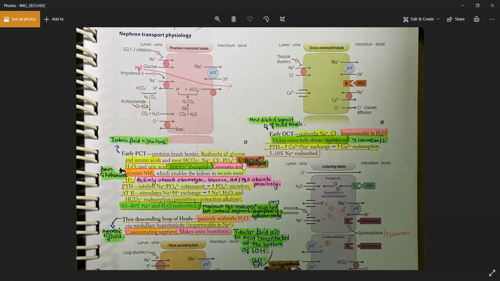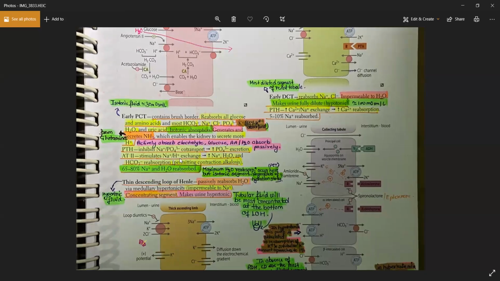Do know this fact also. And it is always an isotonic absorption. That is the important thing. The fluid is always isotonic, around 300 milliosmoles per liter. Okay, not 30, it is 300 milliosmoles.